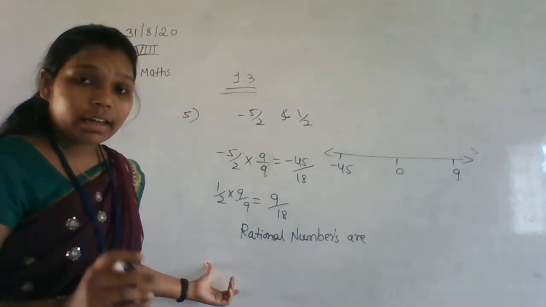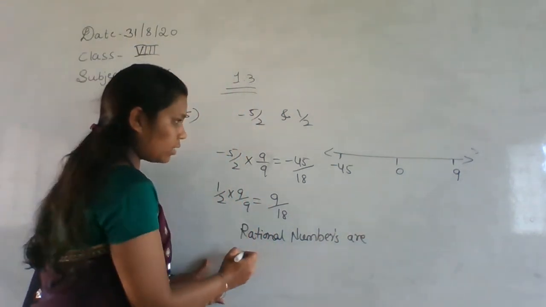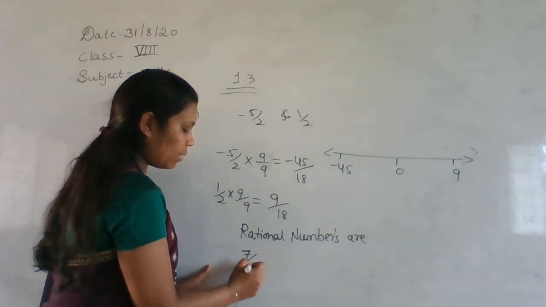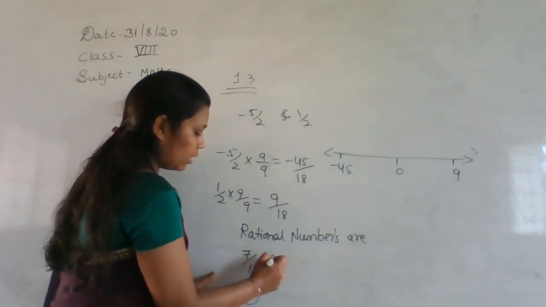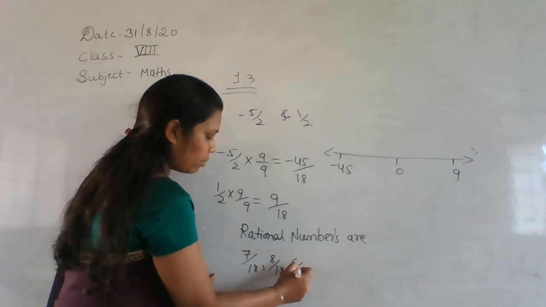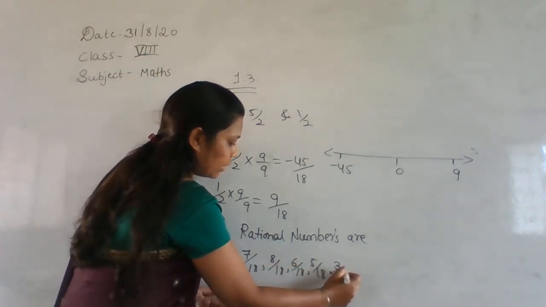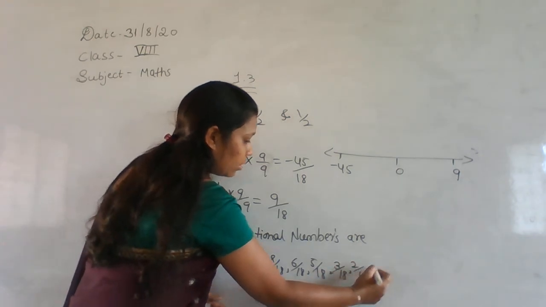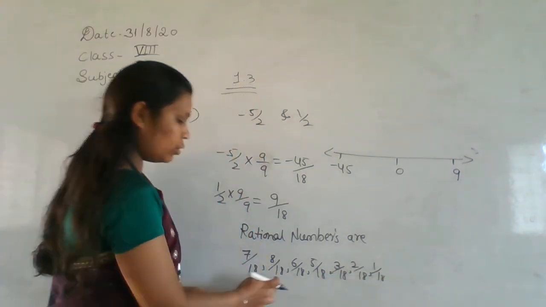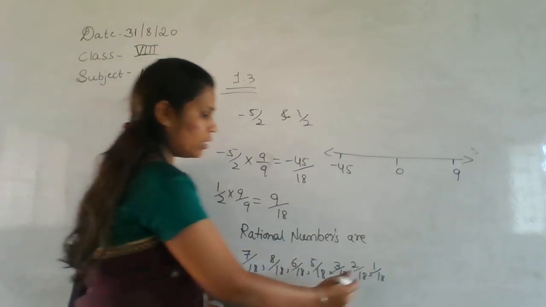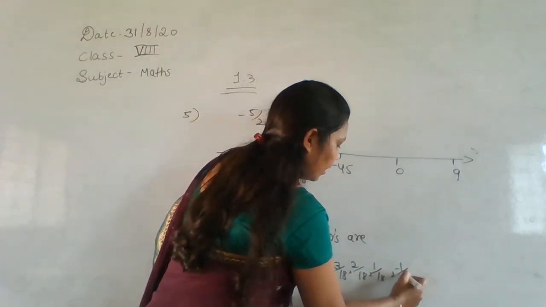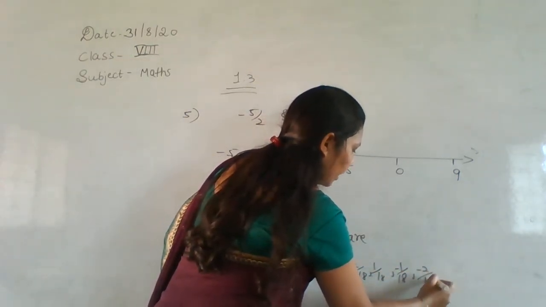Okay, so the rational numbers are, they told to write 10 rational numbers. So just write whatever numbers you want. 7 by 18, 8 by 18, 6 by 18, 5 by 18, 3 by 18, 2 by 18, 1 by 18, 1, 2, 3, 4, 5, 6, 7, 8, right? Next minus 1 by 18, minus 2 by 18.